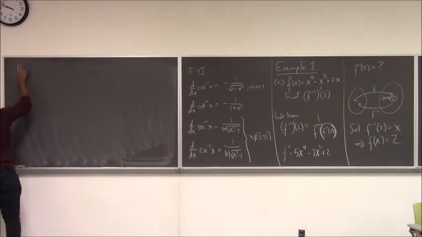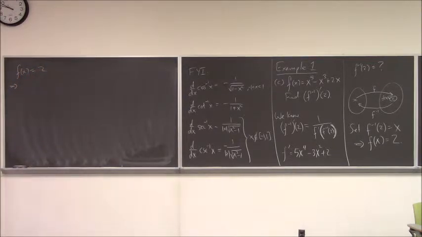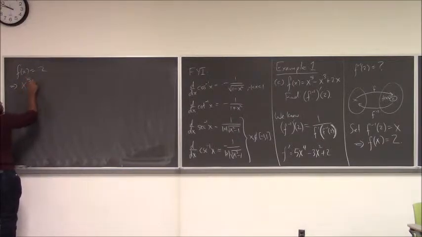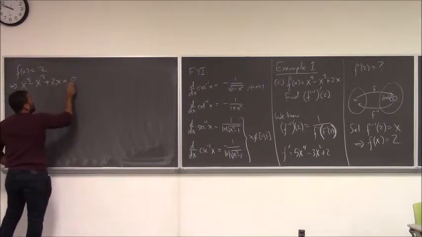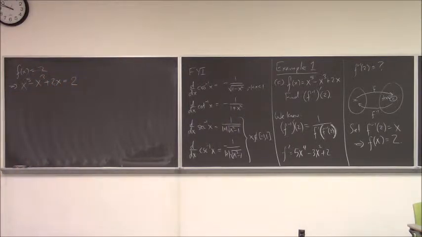Okay, so we have f of x equals 2. That would mean what? Well, that means x to the 5th minus x cubed plus 2x is equal to 2. Can you solve that for x?